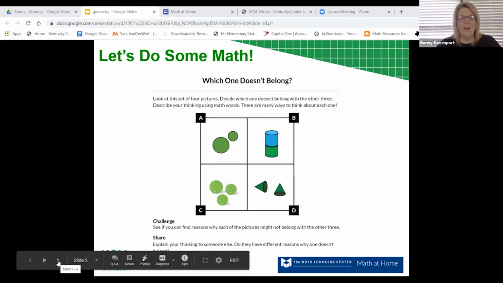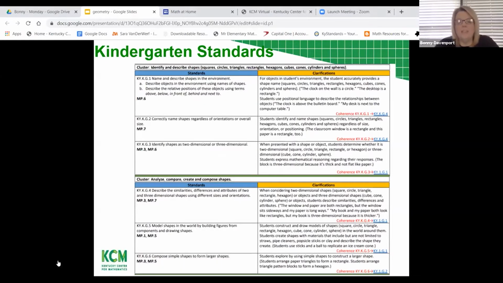Thank you. Okay, so the standards. When we start in kindergarten, we are really looking at naming and describing the shapes and the things in our world and where they are, and knowing that no matter how we move those shapes around, they're still the same shape, and describing how they're similar and different, and making them and taking them apart.